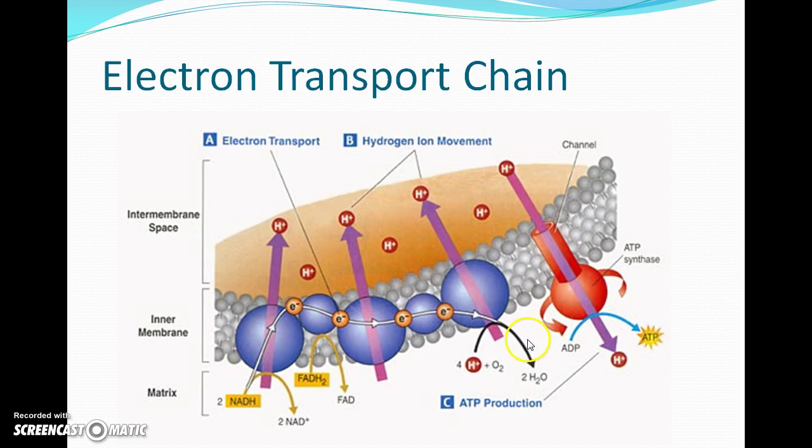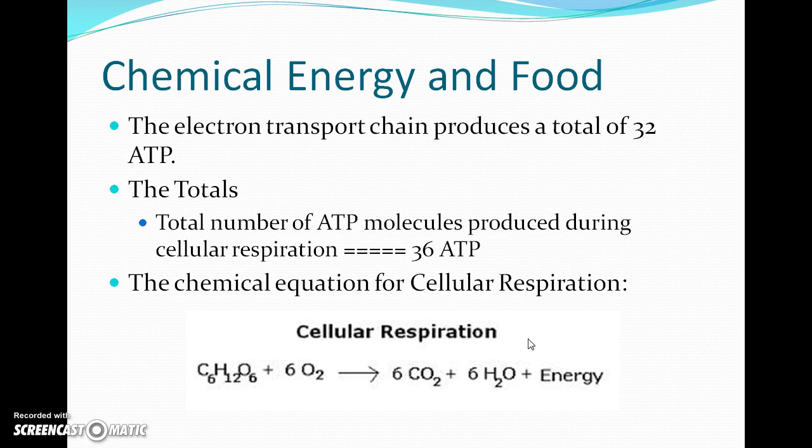This electron transport chain is the main producer of ATP. It produces 32 ATP. So with the 2 ATP produced in glycolysis, the 2 ATP produced in the Krebs cycle, and the 32 produced by the electron transport chain, cellular respiration puts out a total of 36 ATP.